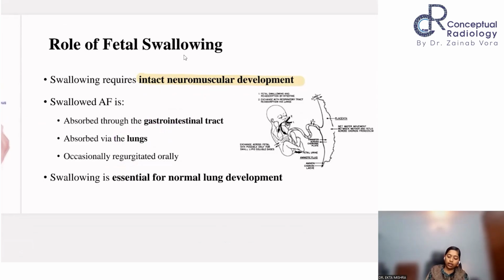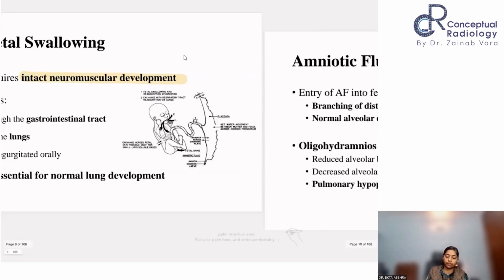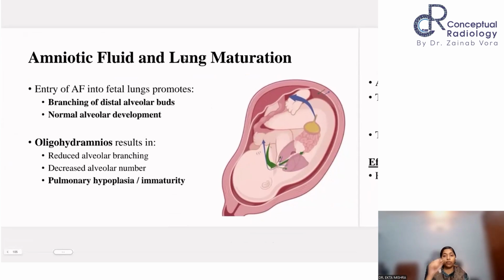Remember, swallowing and the fluid getting into the lungs is very important for the canalicular branching and the alveolar development. So normal lung development is related to the amniotic fluid. The fluid enters the branching of distal alveolar buds of the baby, so that leads to the distension of the collapsed alveoli and they grow properly.